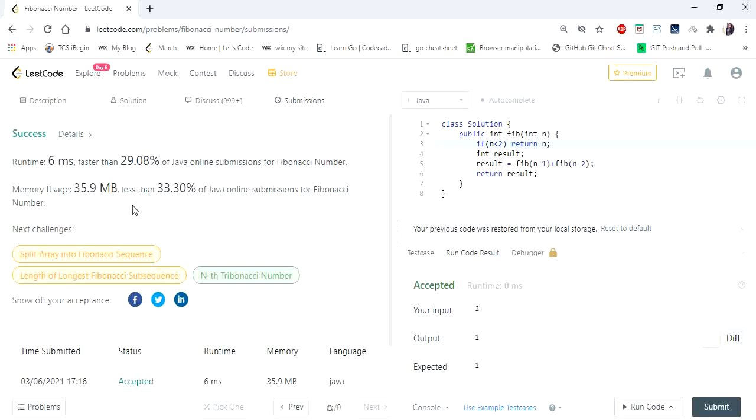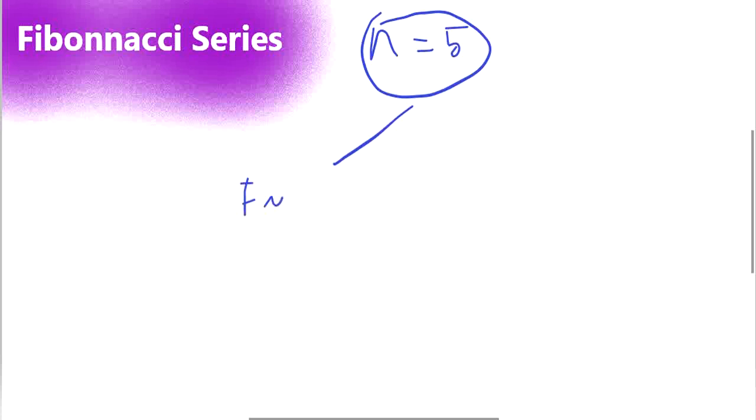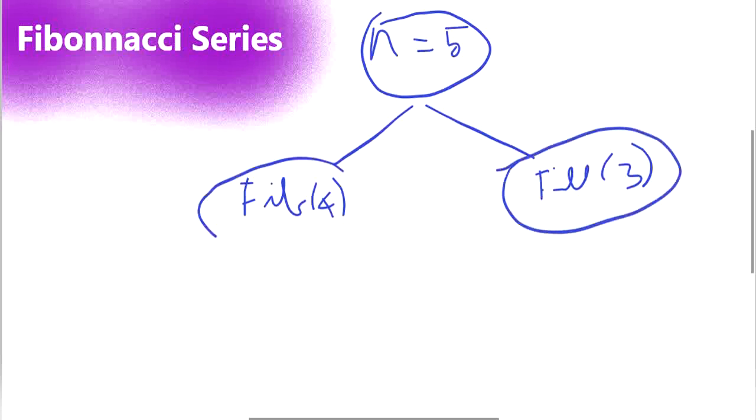So let's understand how the Fibonacci series actually calls its functions. Consider our n is equal to 5. Our Fibonacci series starts calling fib of 4 and then fib of 3 and adds both of their results.